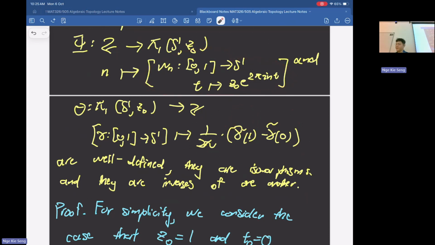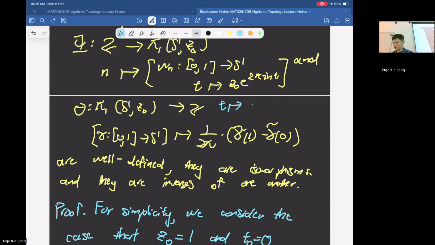Can you see why it is special here? What's the lift of this map? This is the example that we started with when we started the class. The lift is t goes to 2 pi n t, so this value is very easy to calculate.